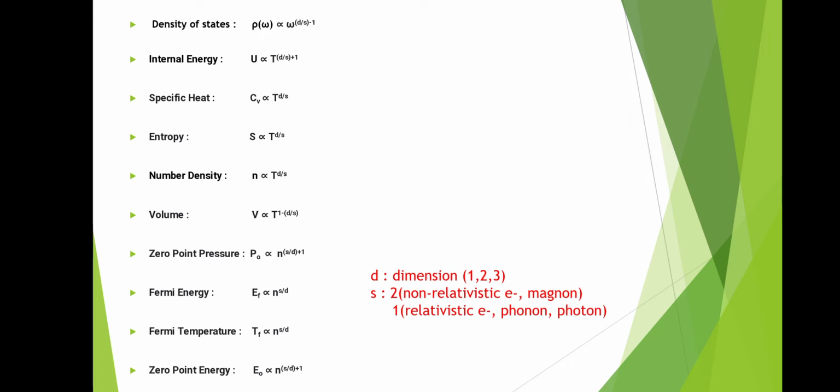Similarly, for number density, its dependency on temperature is as follows, and similarly the dependencies of other quantities. You can note it down in your short notes or in whatever notebook, so that these relationships are really helpful when you solve the questions relating to that.